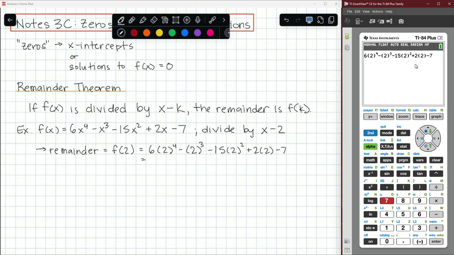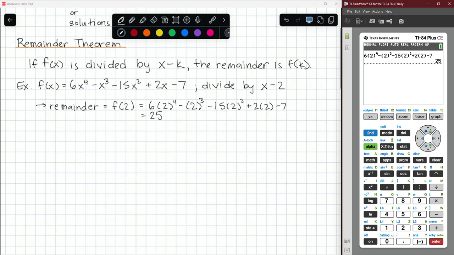Notice this looks exactly like I wrote it on the paper. When in doubt, that's the best method to evaluate stuff in your calculator. I'm going to press enter and we get 25. So my expectation when I perform synthetic division is that I'm going to get a remainder of 25.